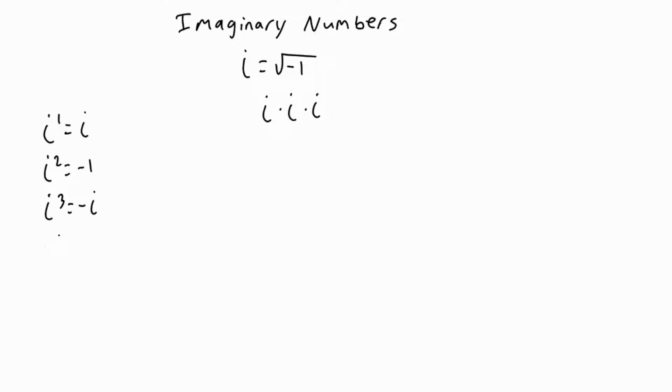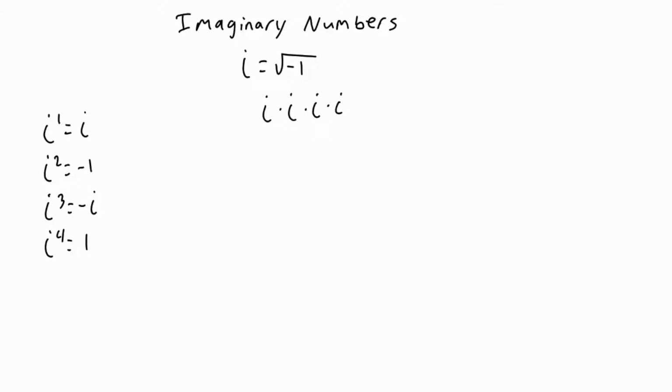Then, if I had i to the fourth, that would be times i again. i times i is i squared, which is negative 1, and this other i times i is also i squared, which is negative 1. So we've got negative 1 times negative 1, which is 1.